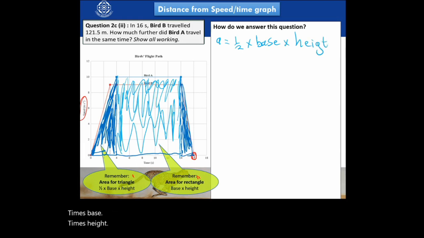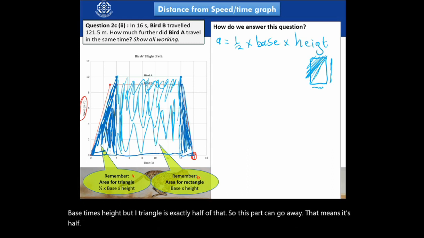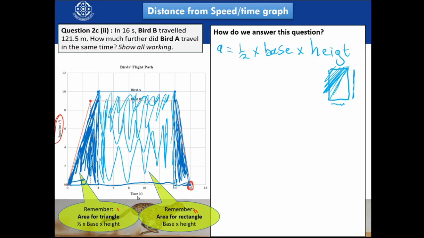Because when you think about it, a rectangle is base times height, but a triangle is exactly half of that. That means it's half base times height. Got that? Okay.